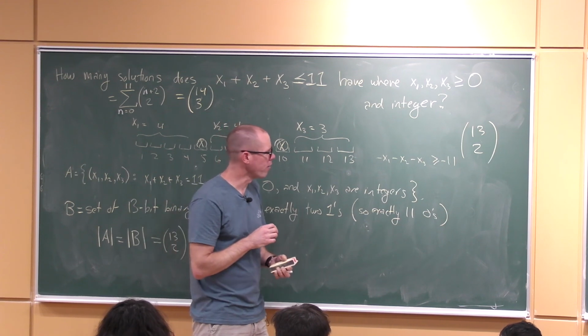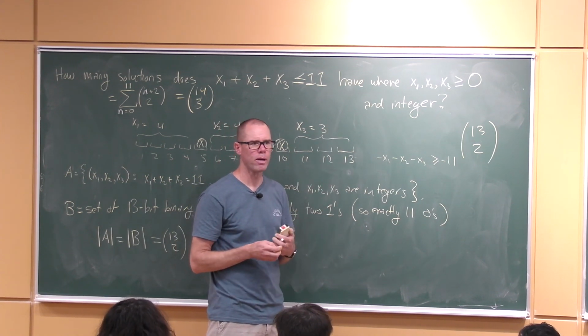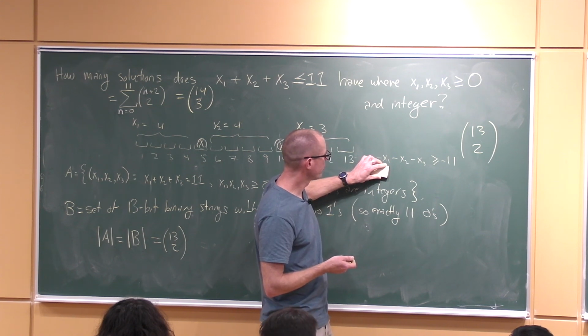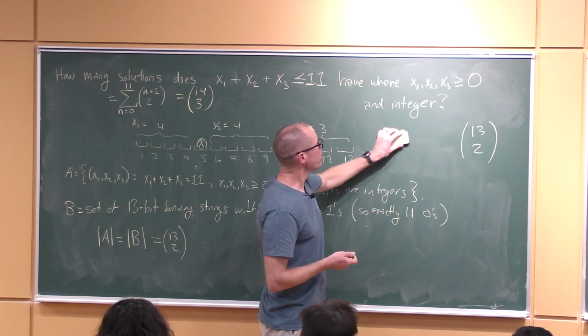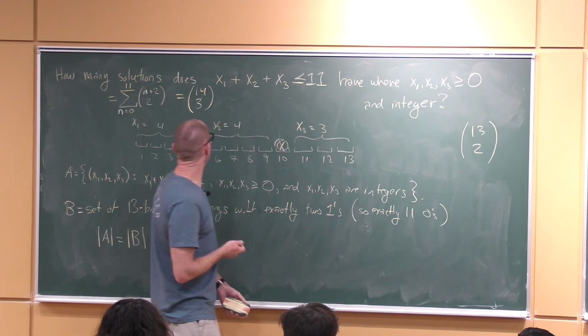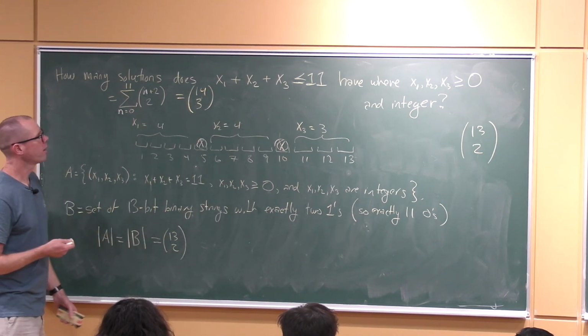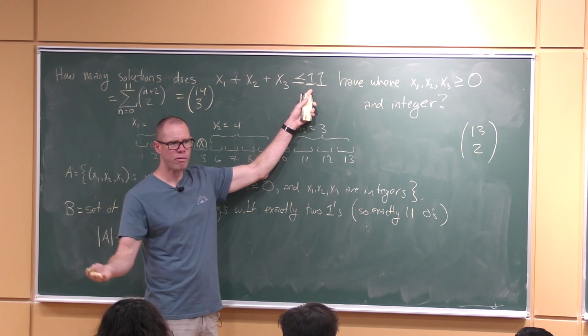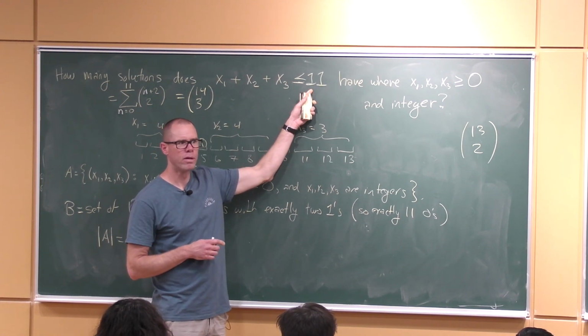But it's just another way of writing exactly the same thing. Of course you can't use this to count things like x1 plus x2 plus x3 is bigger than or equal to 11, because there's infinitely many solutions to that, obviously.